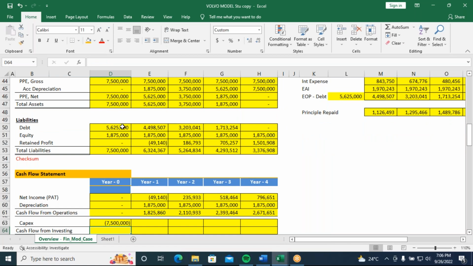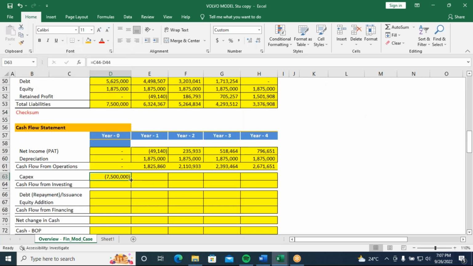So that is my capex, that is capital expenses. I'll select and drag till the last. Then cash flow for investing. Whatever the capital expenses that was there, I'll take that value only. I'll select this and drag.